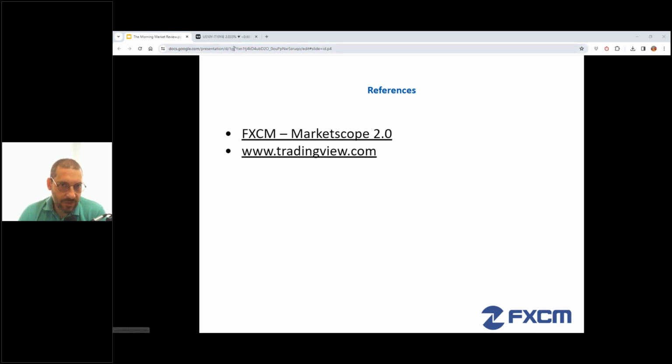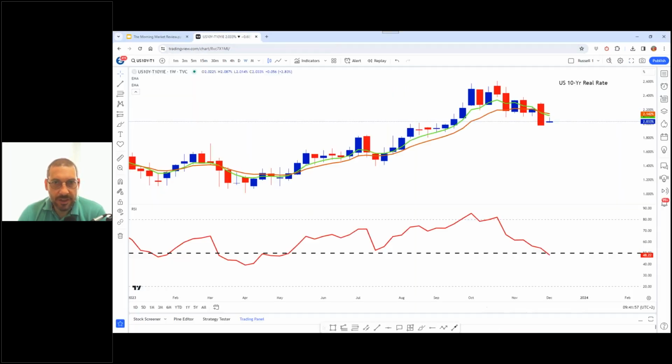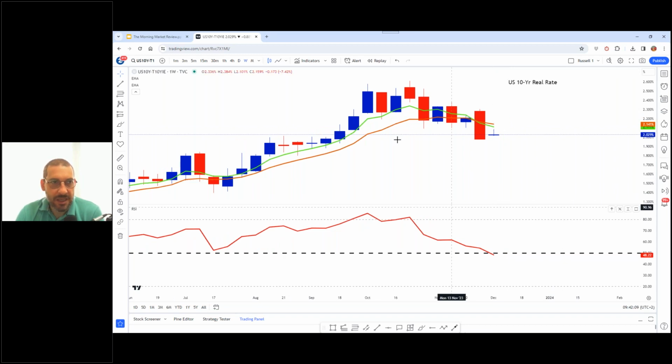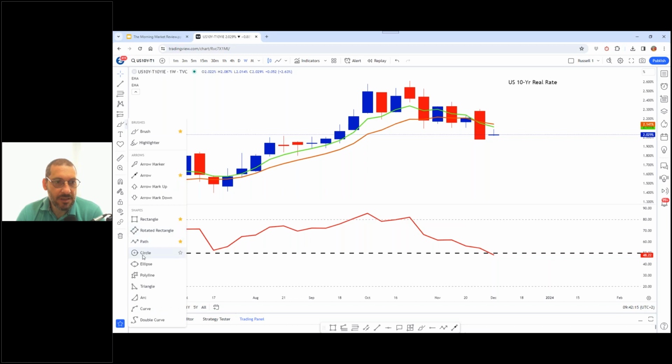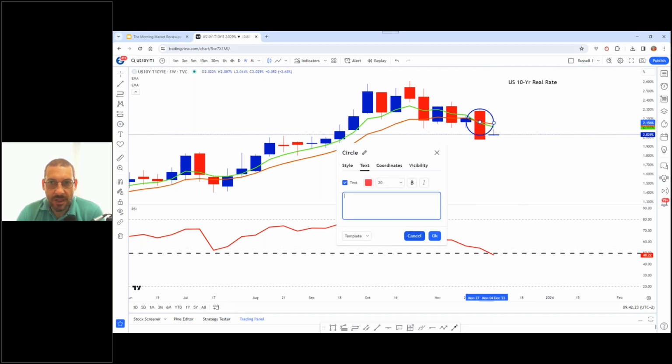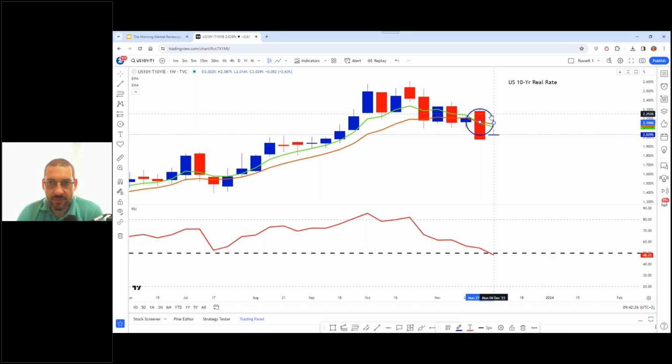And we'll go straight through to TradingView.com, and we'll keep an eye on the real rate. This is actually a different perspective of the real rate. Here, we're looking at the weekly chart with some added indicators, and you can see that the green 5-week exponential moving average has moved below the orange 10-week moving average.